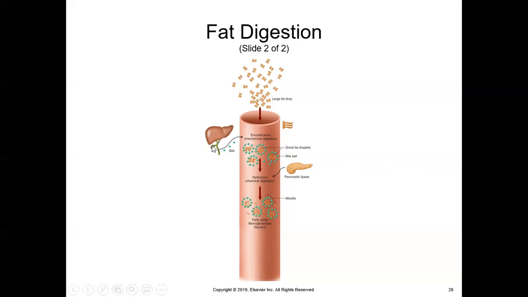So if someone has cholecystitis, which is inflammation of the gallbladder, and has a cholecystectomy, which is removal of the gallbladder because of gallstones or whatever, the person still will produce bile, but they won't have a storage area for bile.